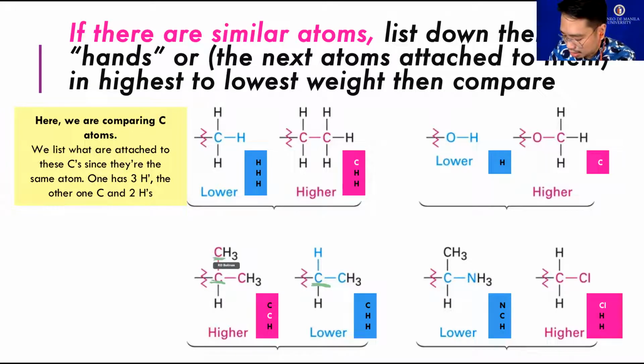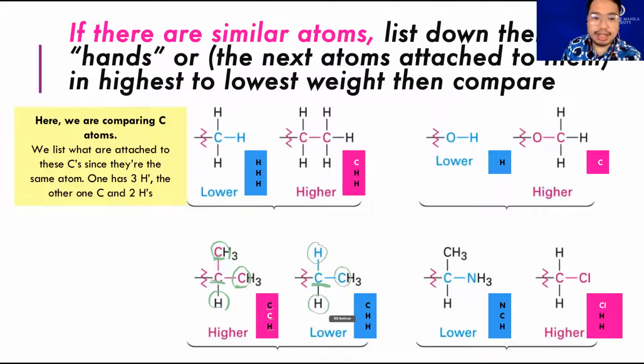So carbon, carbon, hydrogen. Carbon, carbon, hydrogen. The blue side, we have hydrogen, carbon, hydrogen. We will list that from highest to lowest, so it's listed down as carbon, hydrogen, hydrogen. We'll play the game round per round.